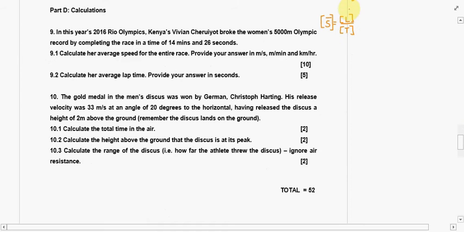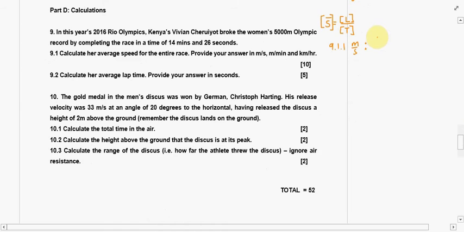So whatever units we need to put in here are going to be dependent on what our answer requires, right? So in meters per second, 9.1.1, meters per second is the requirement. So it means the top value must be in meters, the bottom value must be in seconds.